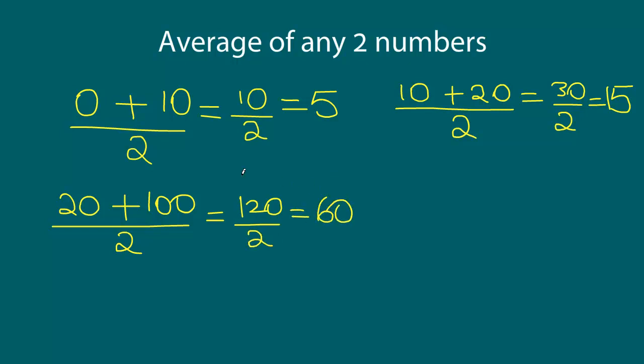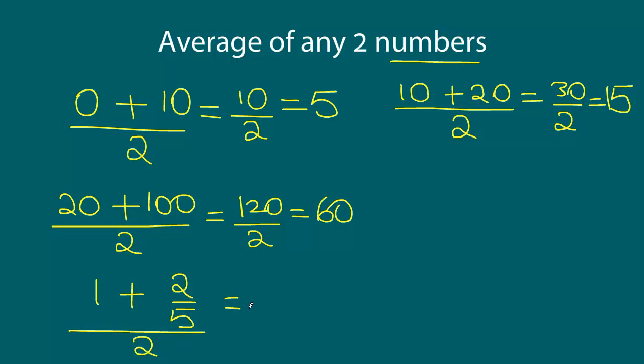Now this is true for any two numbers. Say, for example, my two numbers are 1 and 2 over 5. How do I find the average of these two numbers? Again, we add the two numbers and divide the sum by the number 2.